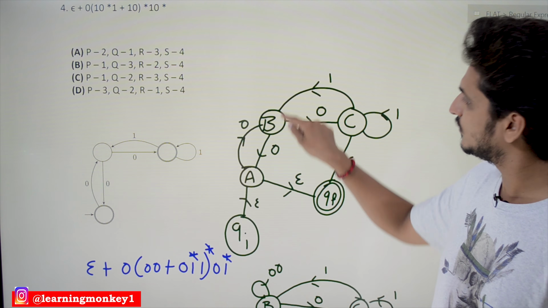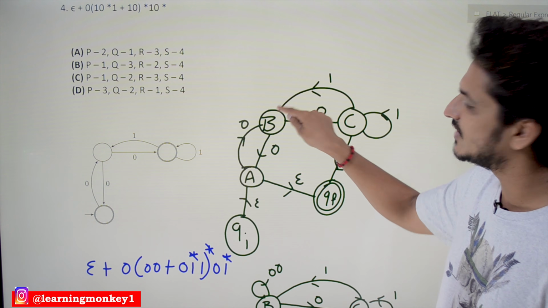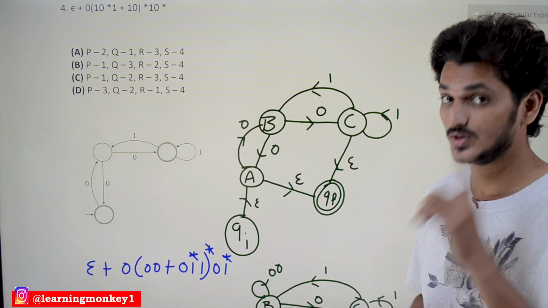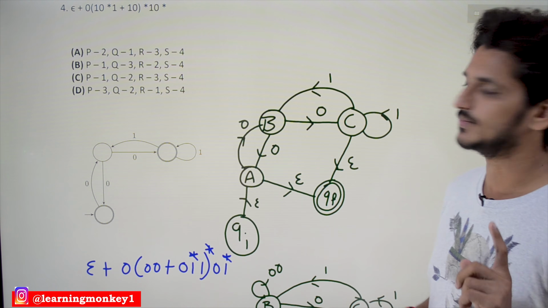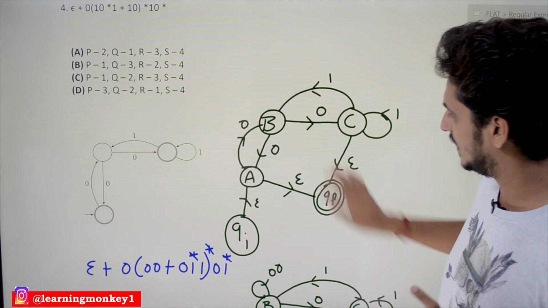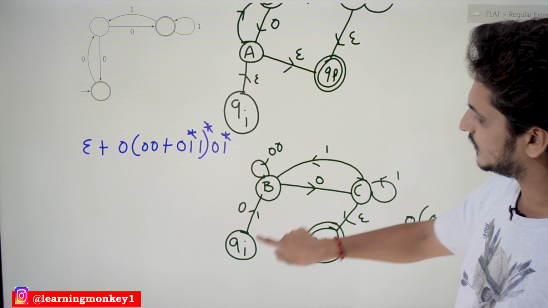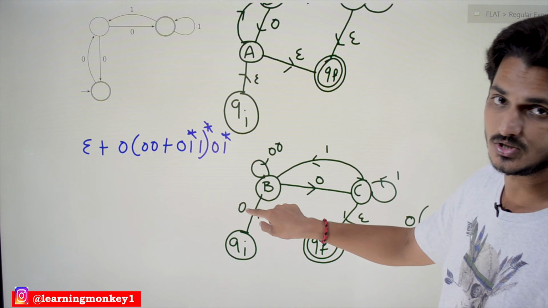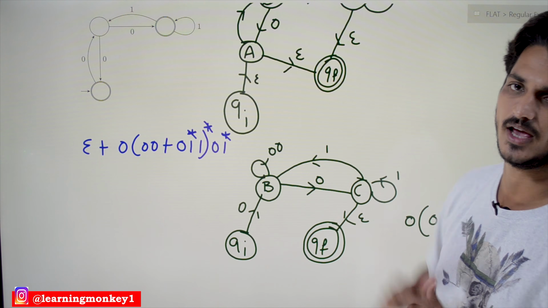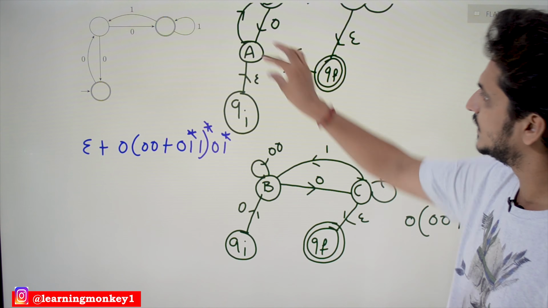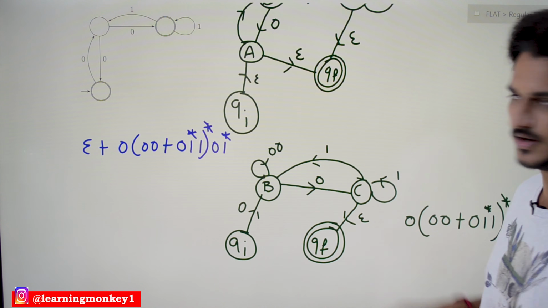If it is repeating, we have to make a self loop on B. These are the concepts we discussed in our state elimination method. The diagram we get after that has 0, 0 as the self loop on B, and from Qi to B we move using 0, because we eliminated state A. After eliminating state A, this is the diagram we got.